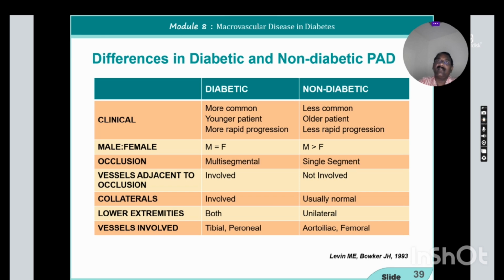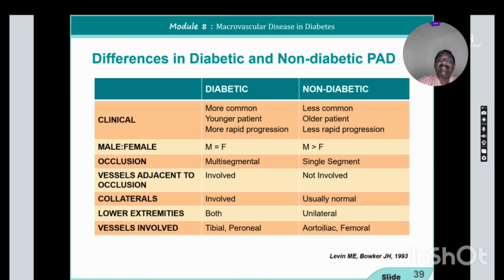In diabetes it is very sudden in onset with rapid progression. Male to female ratio is equal in uncontrolled diabetic individuals, whereas in non-diabetics it is more common in males when compared to females because the smoking habit is more in males.